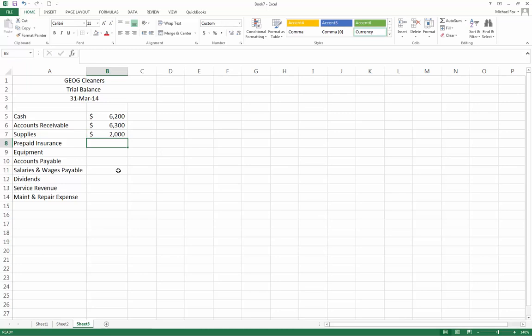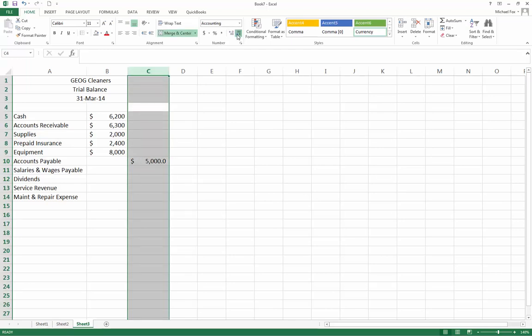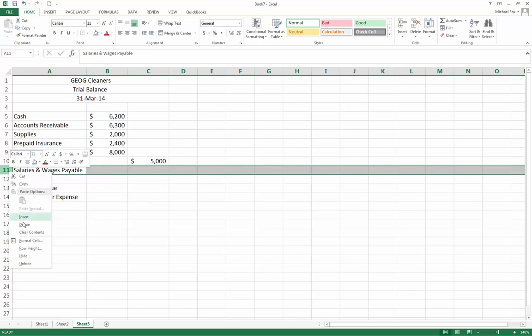Prepaid insurance, 2,400. Equipment, 8,000. Accounts payable, 5,000. Salaries and wages payable actually didn't have any, so we can take that line out.